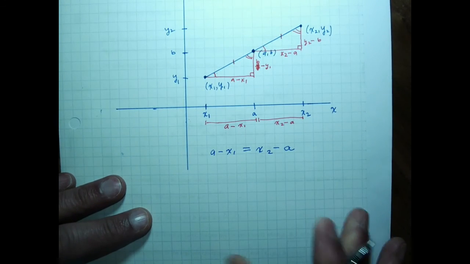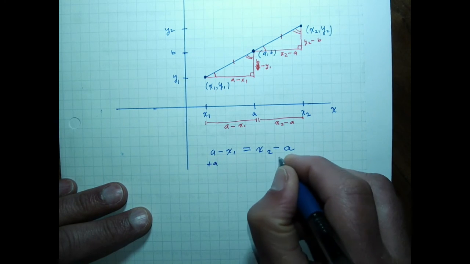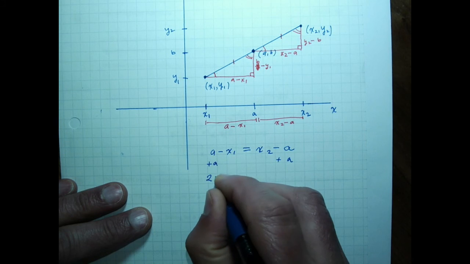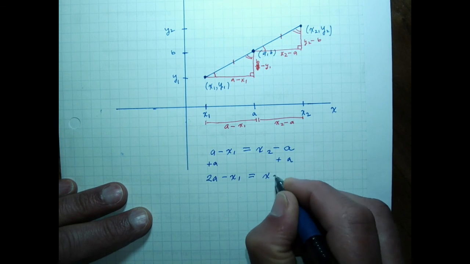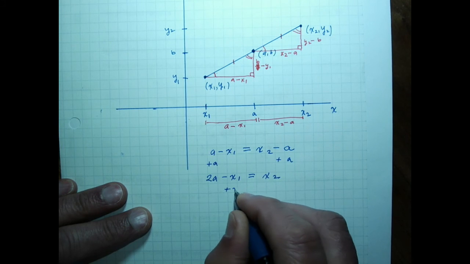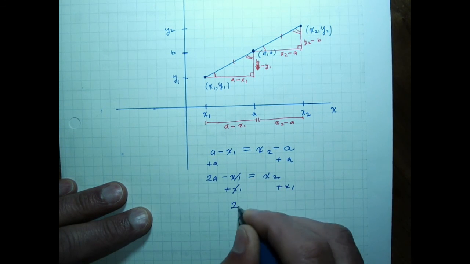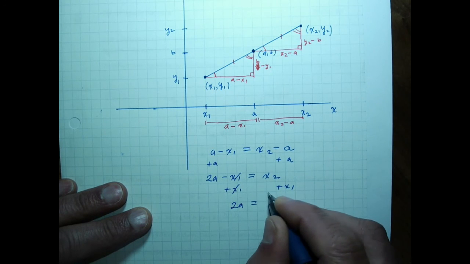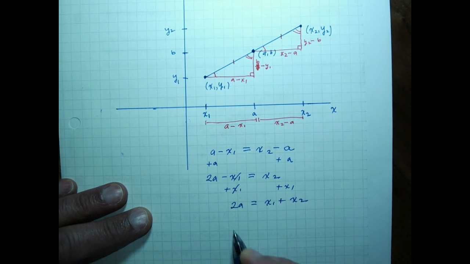We get a little equation there that we can solve for A. I'm going to add A to both sides, so I get 2A minus x1 equals x2. I'm going to add x1 to both sides, and so that's gone. I have 2A equals x1 plus x2, writing the x1 first.